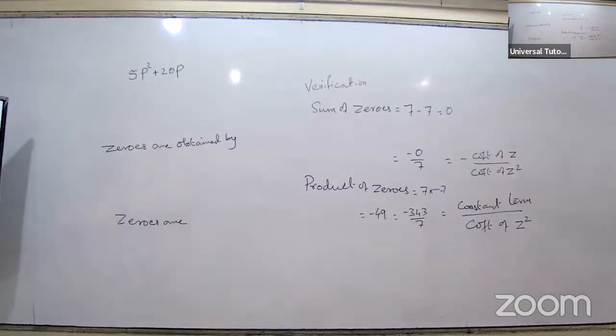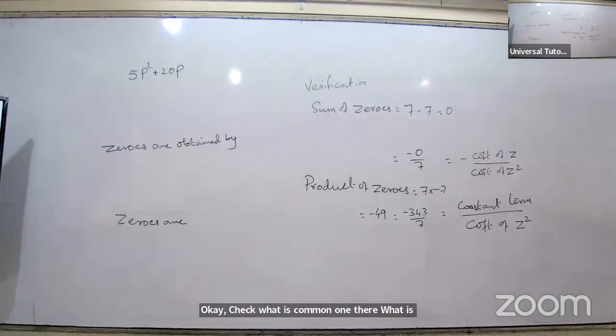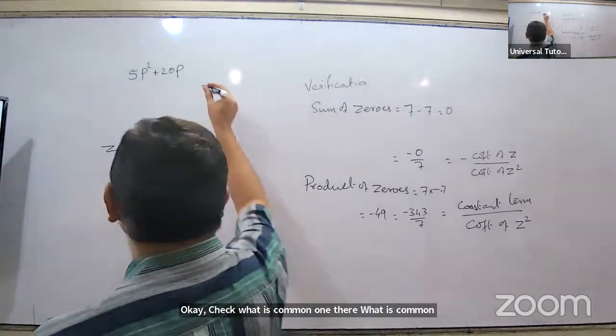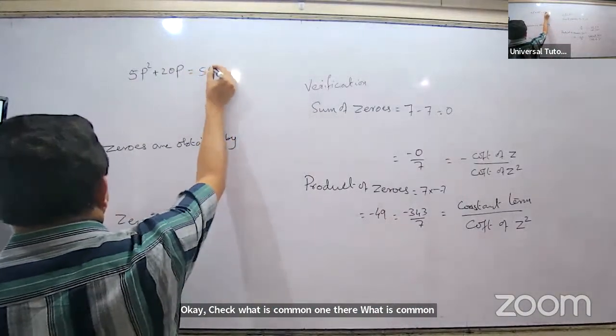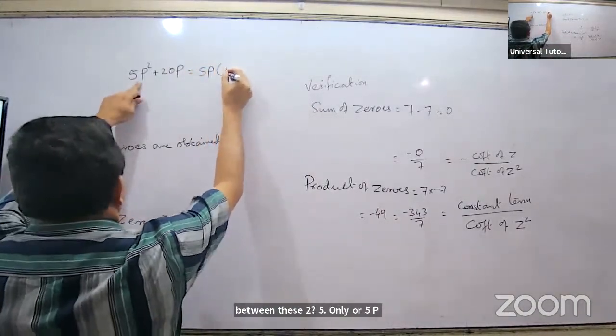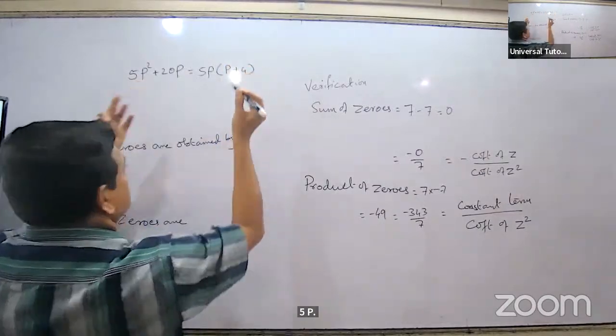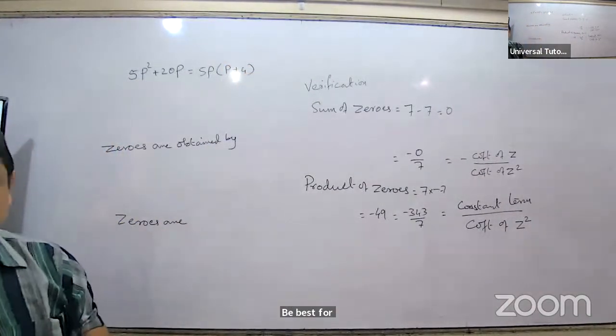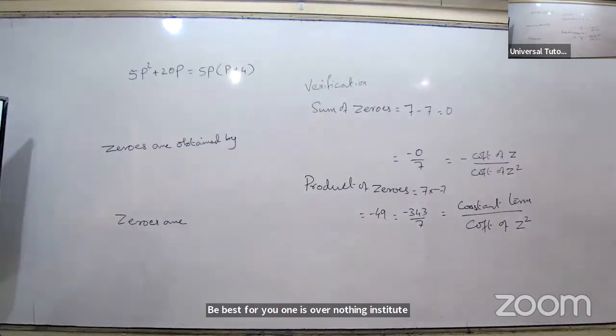There is no identity now. Check what is common. What is common between these two, 5p and 20p? 5 only or 5p? 5p removed. What is left out? p plus 4. Your work is over, nothing else to do. Okay, it is 5p times p plus 4.